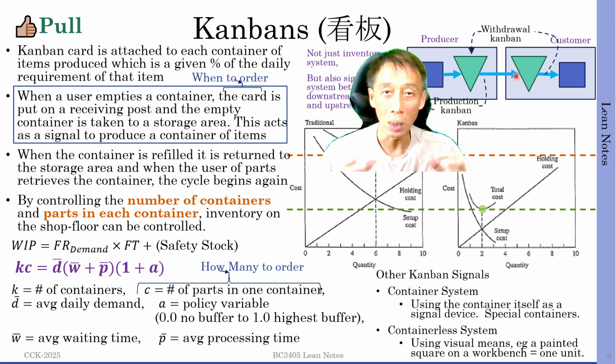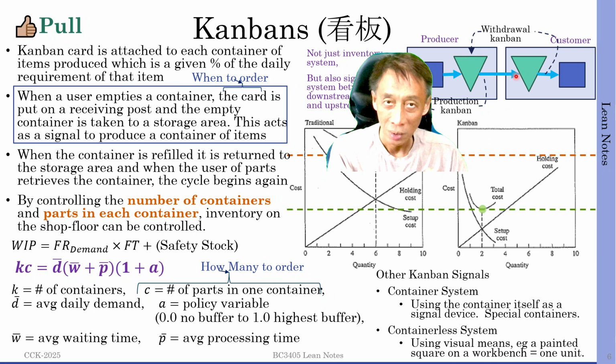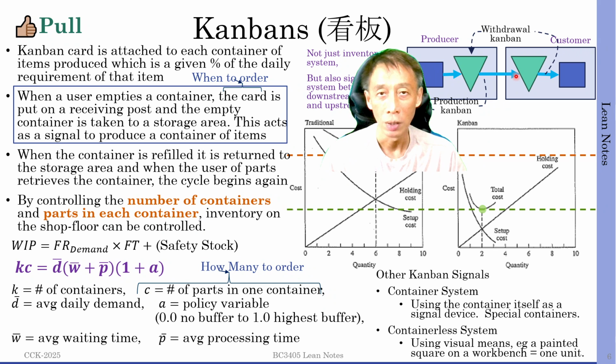So you can have one big container of 50 units, or you can choose to have 10 smaller containers of 5 units. Or you choose somewhere in between, 5 containers of 10 units. They are all incurring roughly the same amount of holding costs for the company. But one way is probably more agile than the other, right? Leaner than the other, based on the idea of safety stock, right?